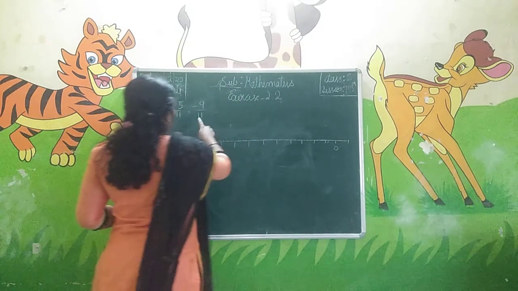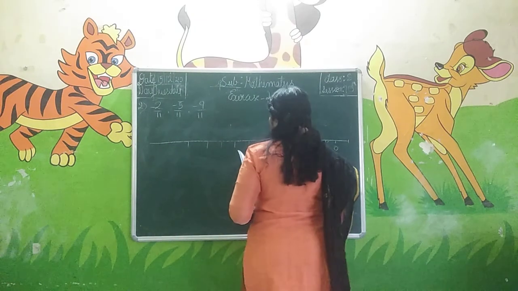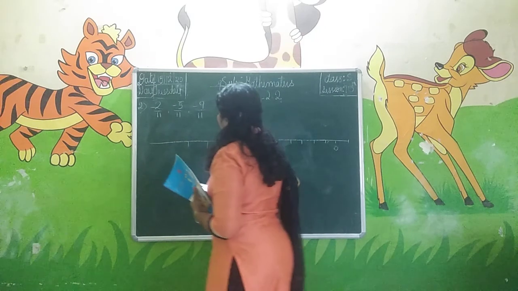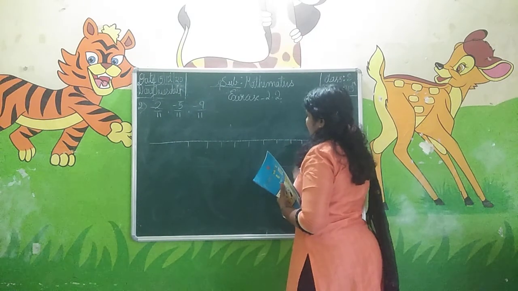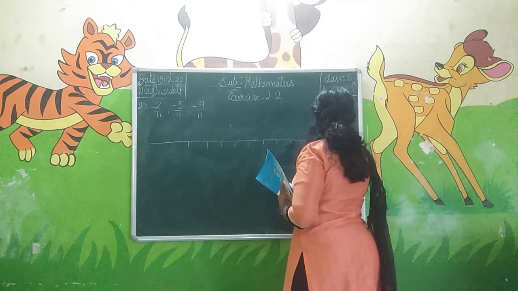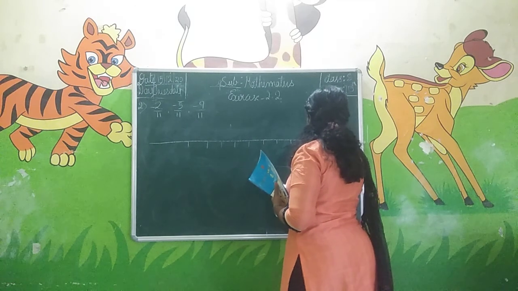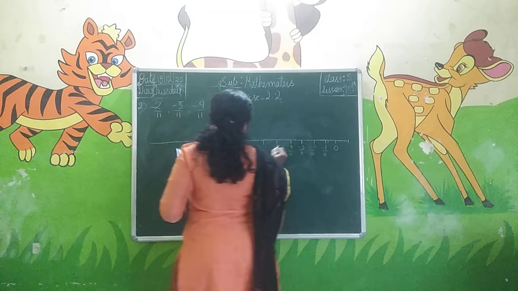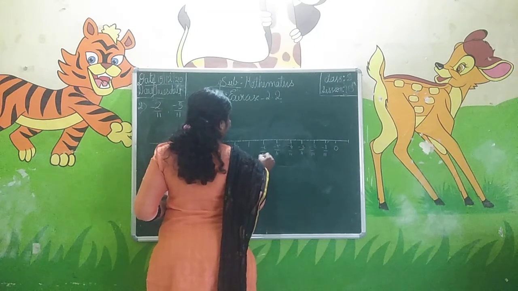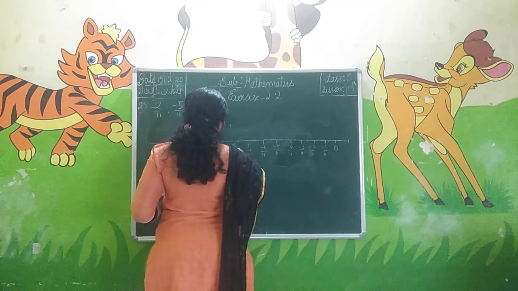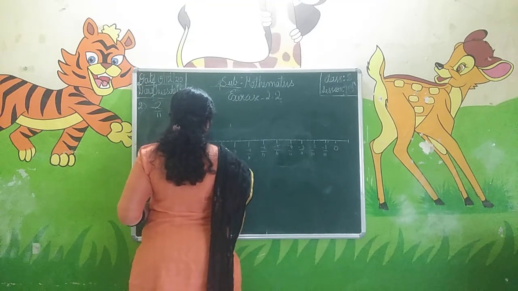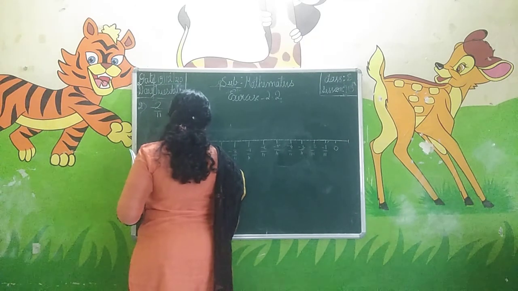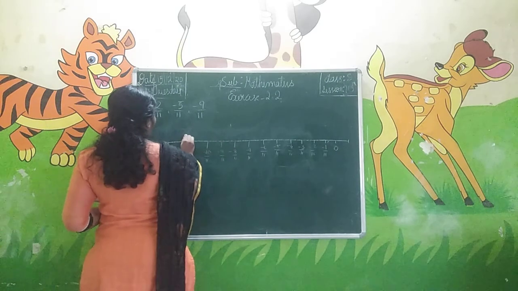Starting from the 11 means you have to take here -1 by 11, -2 by 11, -3 by 11, -4 by 11, -5 by 11, -6 by 11, -7 by 11, -8 by 11, -9 by 11, -10 by 11, and -11 by 11, we will get it as -1 here.